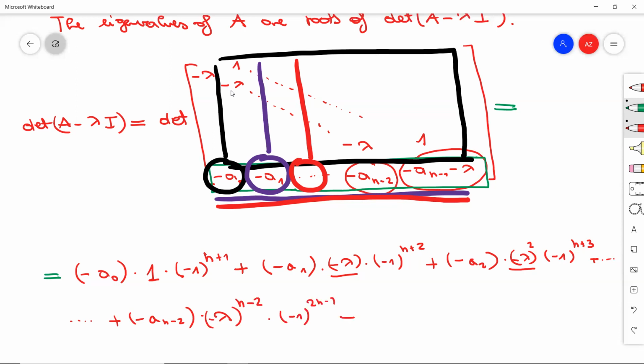And then in the last column, we get minus a n minus 1 times minus lambda to n minus 1 times, and then we have -1 to the sum of positions, which is 2n.